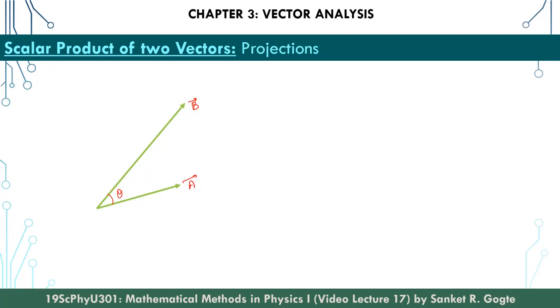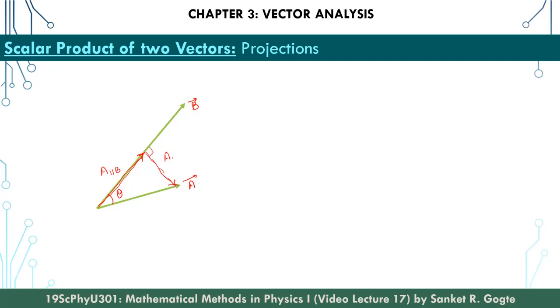Let me resolve this vector A into two components, one which is parallel to B. For that I have to drop a perpendicular from head of vector A to vector B. So if this is the perpendicular, then this is the component which is parallel to B. I am denoting it like this, whereas this component is perpendicular to vector B.